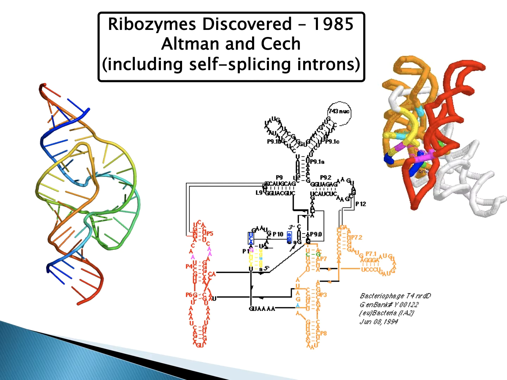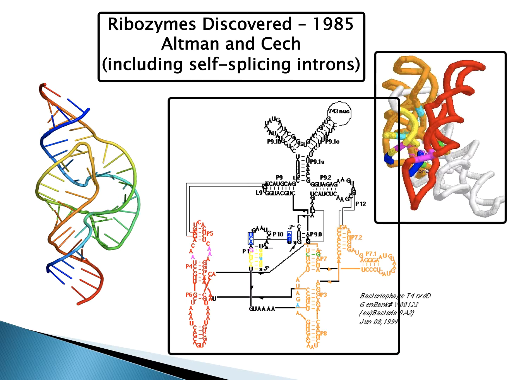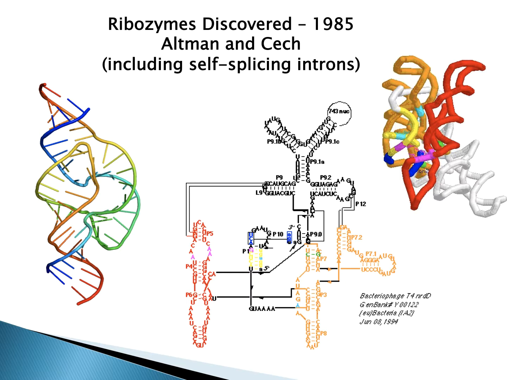Around the same time, Altman and Cech discovered that there were certain RNA molecules that had enzymatic activity. Now, up until that time, all enzymes were thought to be proteins, but they discovered that there were certain ribozymes, is what they called them, and some of these were self-splicing introns, group 1 and group 2 introns in mRNAs, that would splice themselves out.